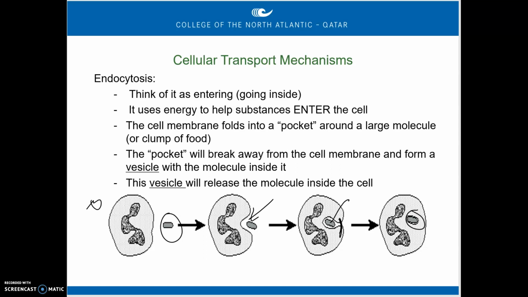So again, making that cell membrane fold and make a pocket around the substance that we want, and then joining the outer membrane together to form a new vesicle inside the cell, that's where we're going to use up the energy. So exocytosis, endocytosis, the process is the same, except it goes in the opposite direction, depending on if we want to get stuff into the cell or we want to get stuff out of the cell.